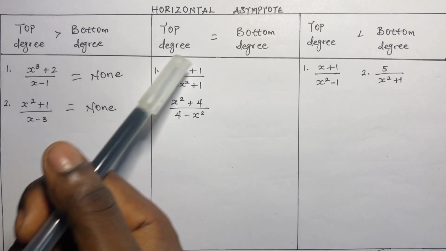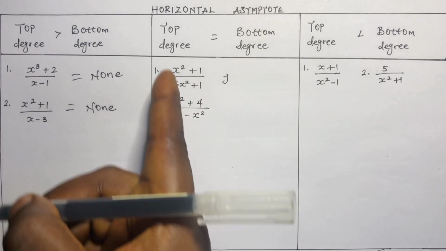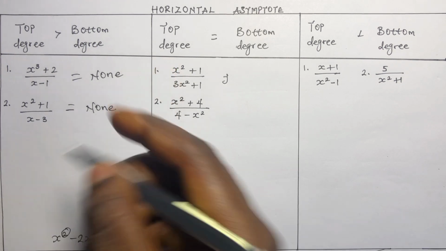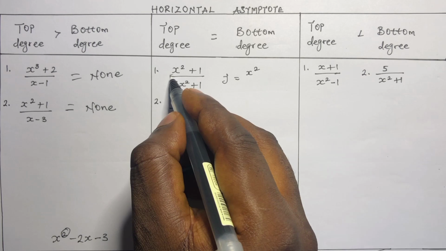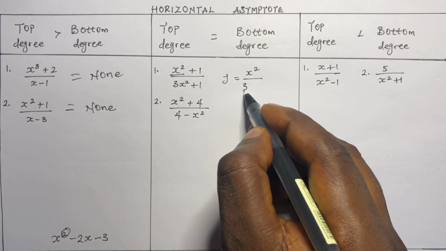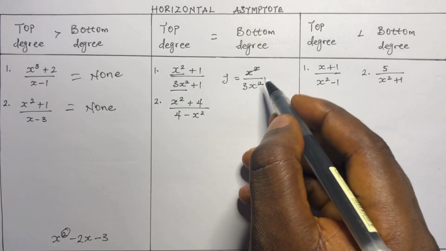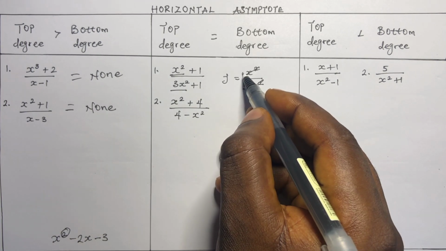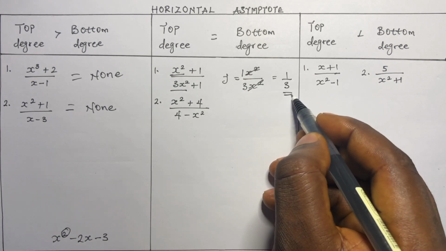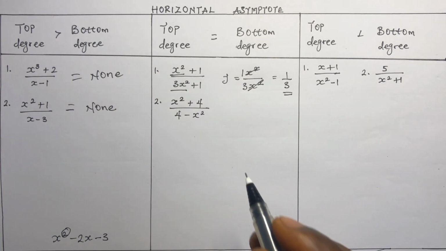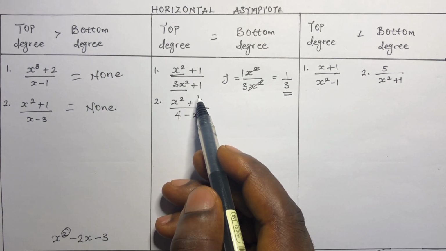So y will be equal to x squared divided by 3x squared. The x squared cancels x squared, leaving us with, there's an invisible 1 here, 1 over 3. So this is the horizontal asymptote of x squared plus 1 over 3x squared plus 1.